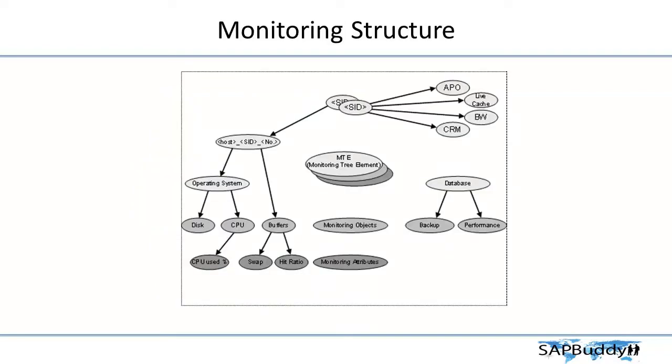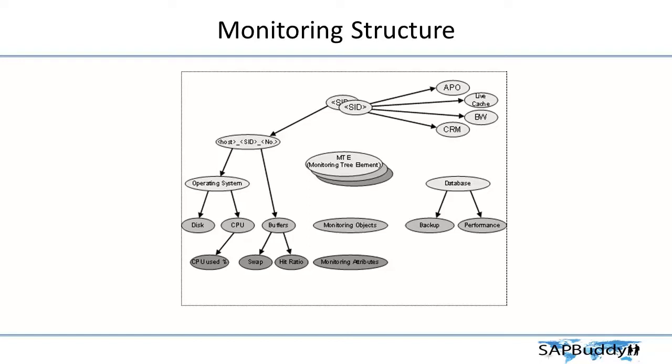Now here we can see the monitoring structure, and how this monitoring structure operates inside the SAP systems. If you see here, you can see the SID, that is the SID of the central system, where you can have the CCMS, and you can also have the APO, BW, and CRM systems.